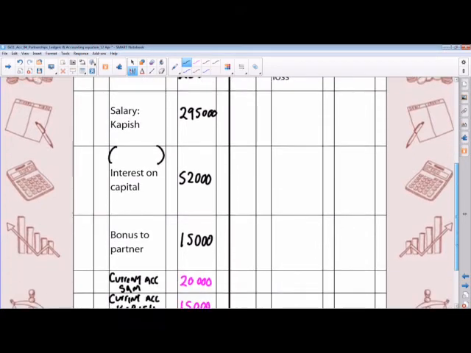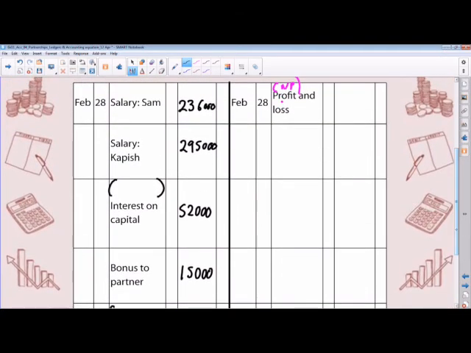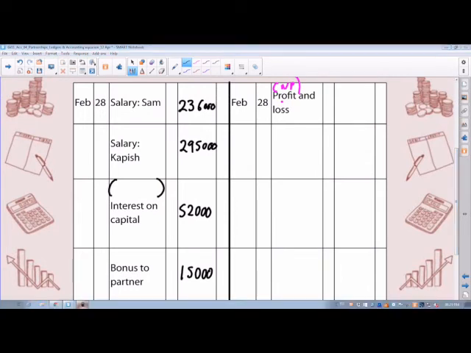all I'm doing is adding up everything on the debit side. So let's do that, and you guys can work with me.